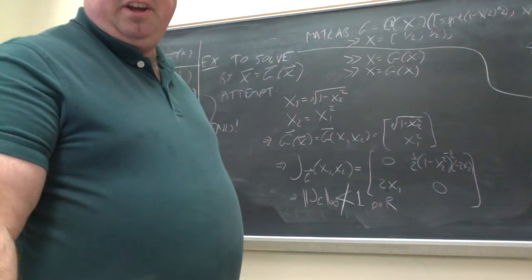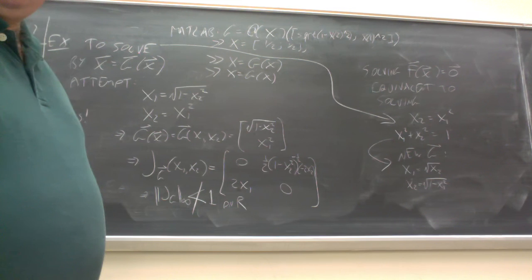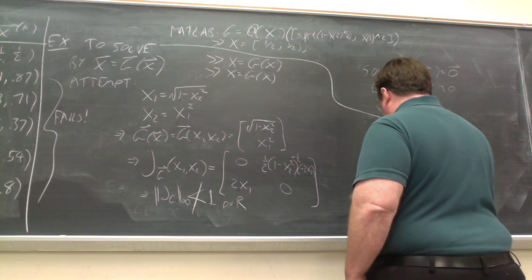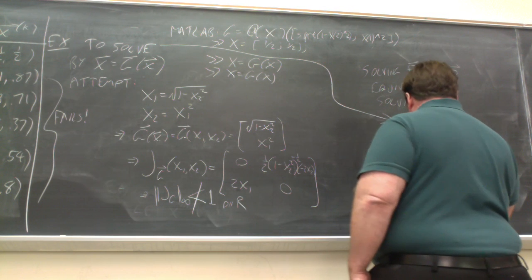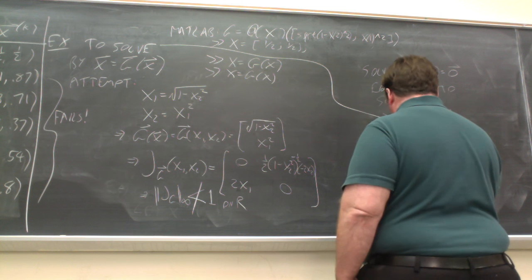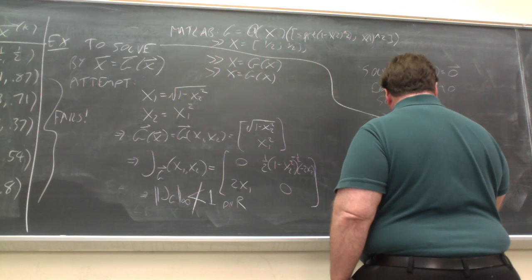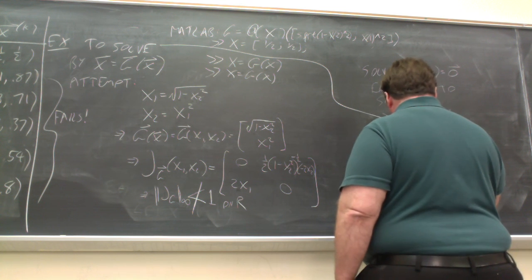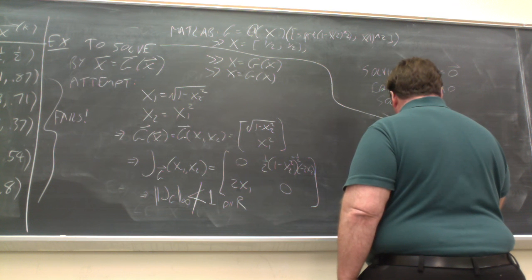So if I look at the Jacobian matrix this time, with respect to x1 would be 0. The diagonal entries are 0. This would be 1/2 x2 to the minus 1/2.